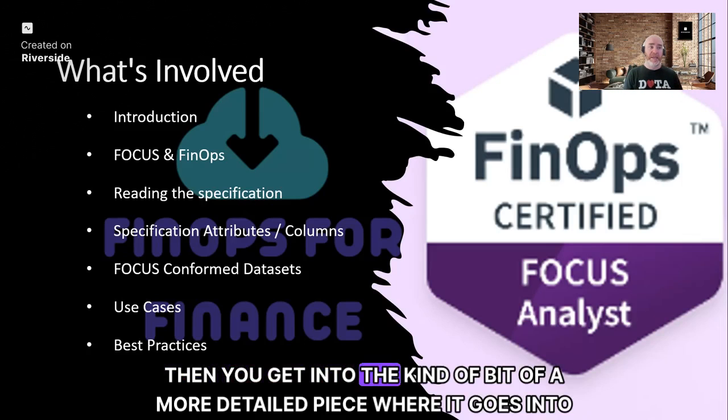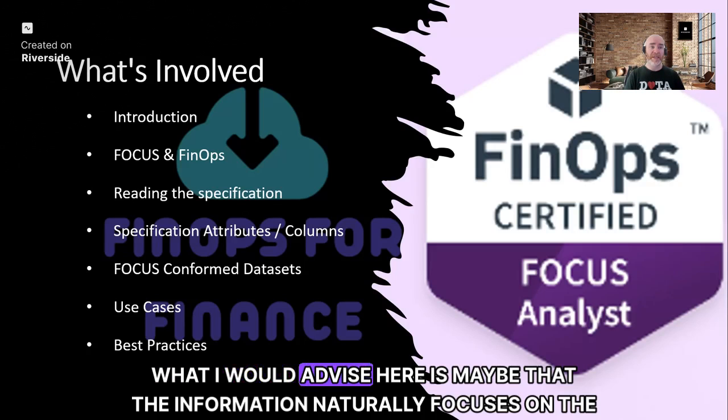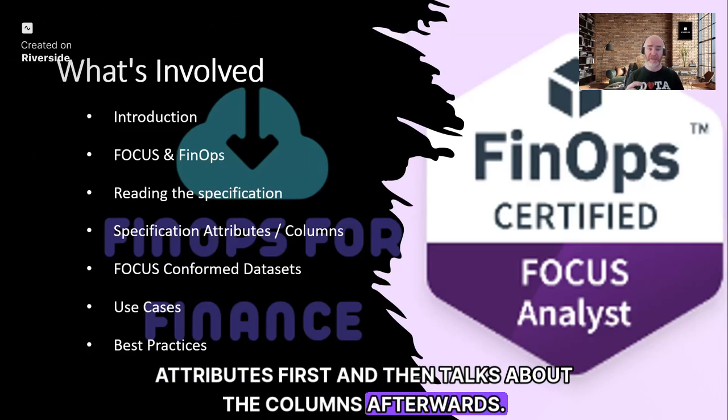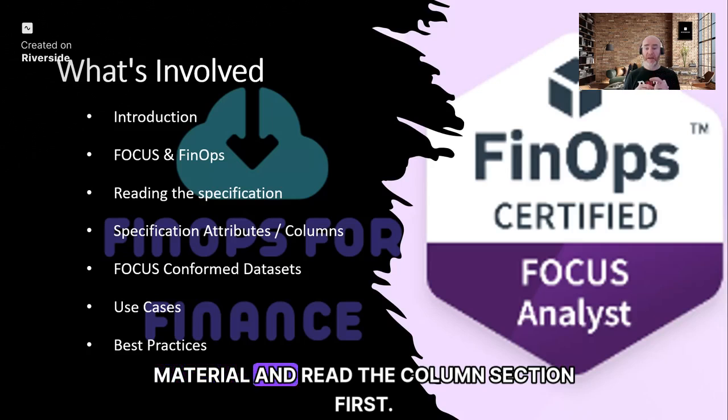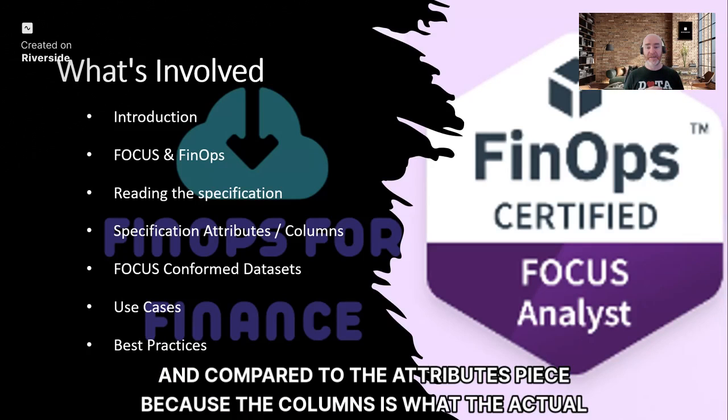Then you get into a more detailed piece, where it goes into the weeds around the attributes and the columns. What I would advise here is that the information naturally focuses on the attributes first and then talks about the columns afterwards. I'd flip the material and read the column section first. The reason is, number one, the column section is more interesting compared to the attributes piece, because the columns are what the actual data is.